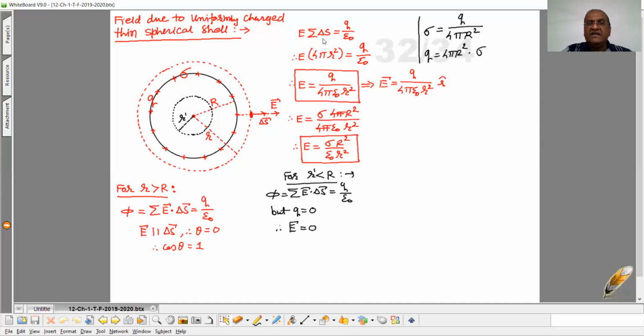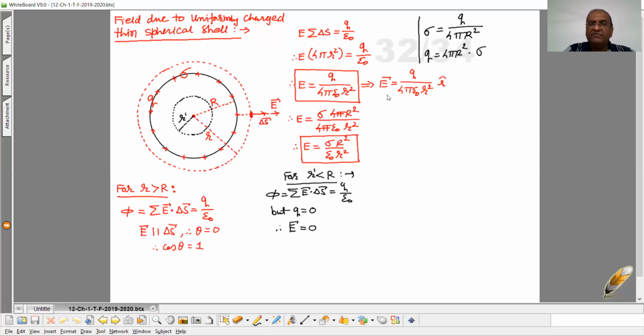So E sum of delta S, which gives the total spherical surface area of the Gaussian surface, that is 4 pi r square, is equal to Q upon epsilon 0. So we can write E equal to Q upon 4 pi epsilon 0 r square.